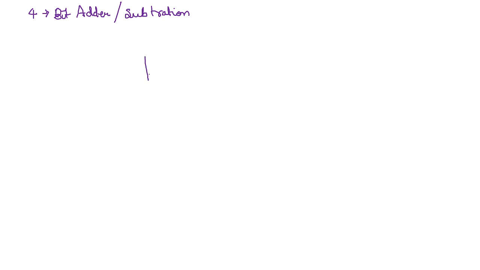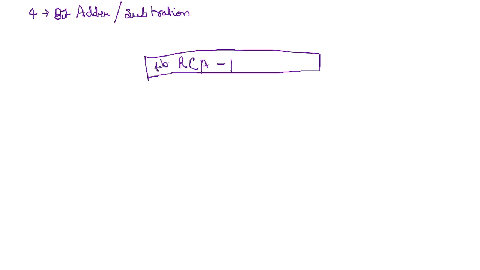So the first RCA, RCA1, is 4 bit. We will have the 4-bit input B3, B2, B1, B0, and then the 4-bit A input A0, A1, A2, A3. And then here also we have to define some wires.